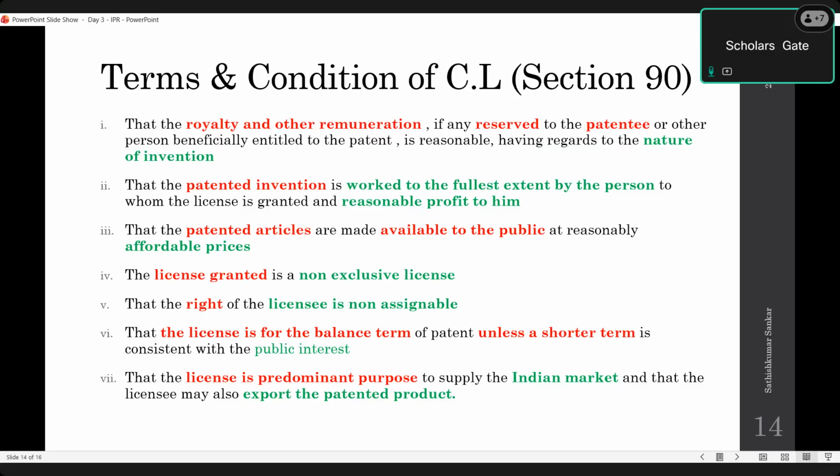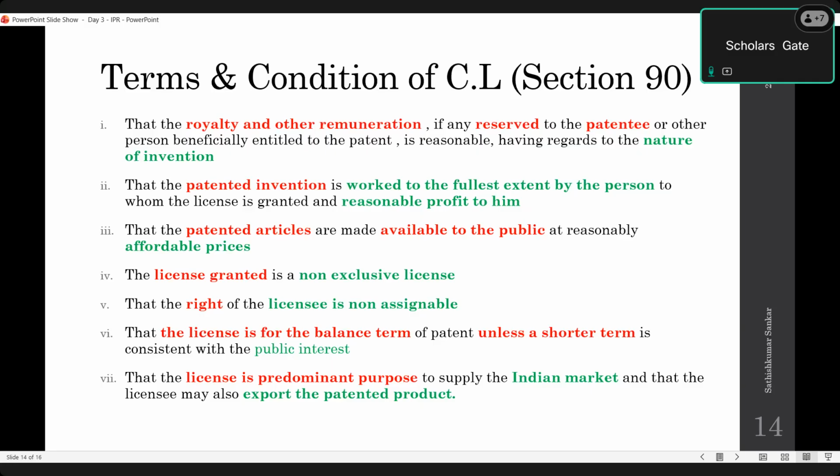The license is predominantly to supply the Indian market, and the licensee may also export the patented product. Initially there are two different options available.